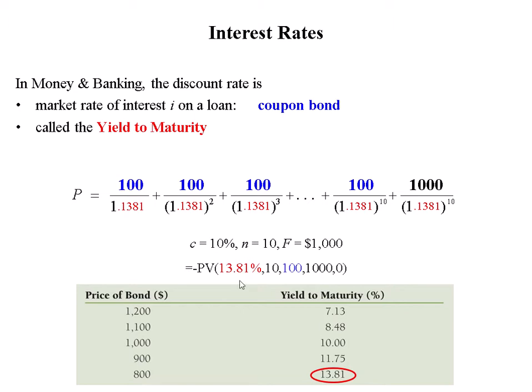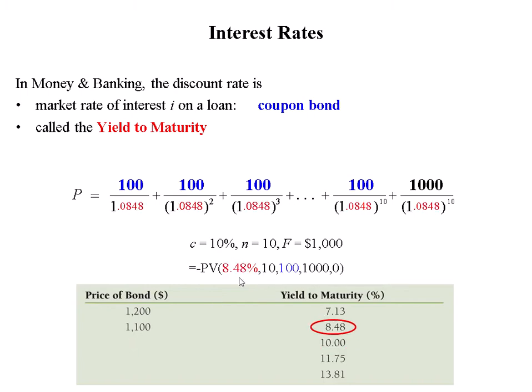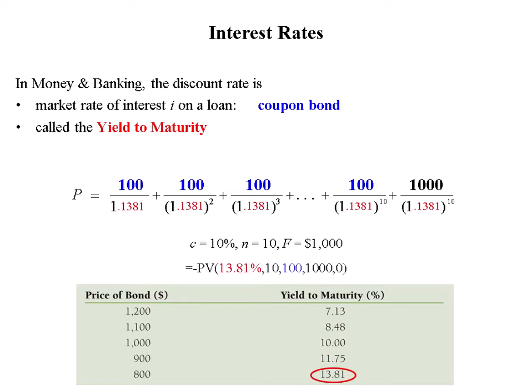And notice every time we've changed the yield to maturity, the only thing that has changed in this Excel equation is the percentage. See that? The only thing that's changed is the percentage. We're holding everything else constant here. And as the yield to maturity rises, the price of the bond falls.